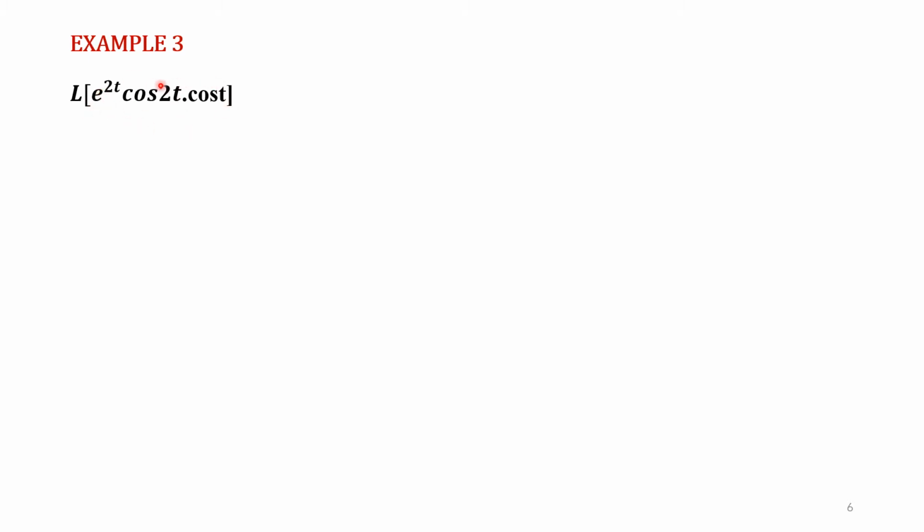So first we will simplify this and calculate the Laplace transform of cos 2t into cos t. Then whatever answer we'll get, we'll replace s by s minus 2 because we have plus 2 here. We have to replace s by s minus 2. So the first step is to calculate the Laplace transform of cos 2t into cos t.